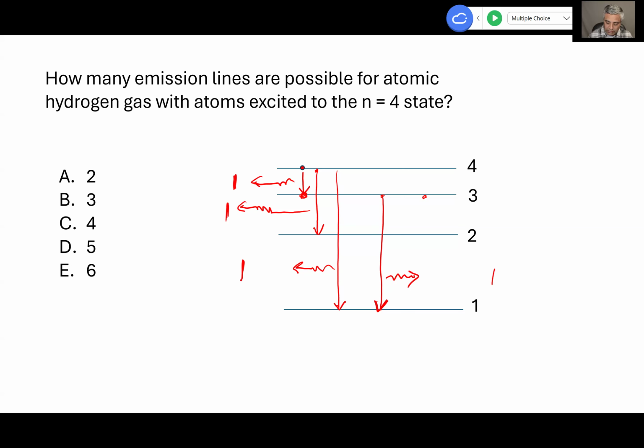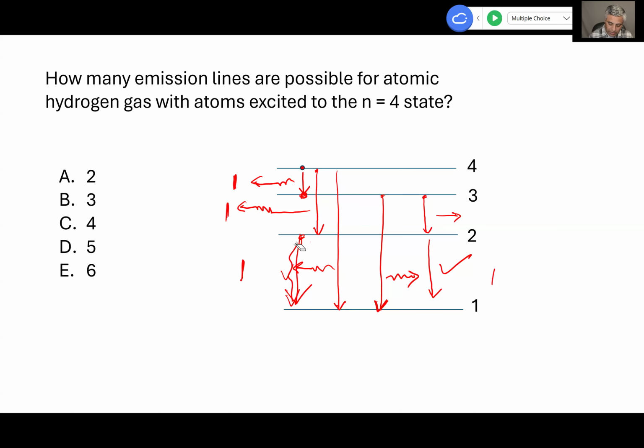But it may come down from here to here first, and then come down here. And this one comes down here, but this is the same as this one.